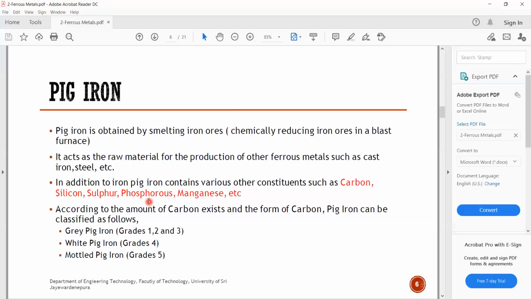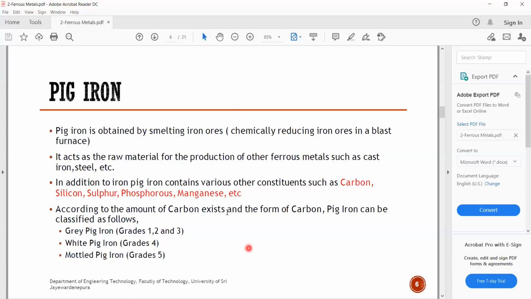So if I ask, in addition to iron, what are the impurities available in pig iron, then you have to answer carbon, silicon, sulfur, phosphorus, manganese, right? So these are the impurities, the things also available in addition to the iron.